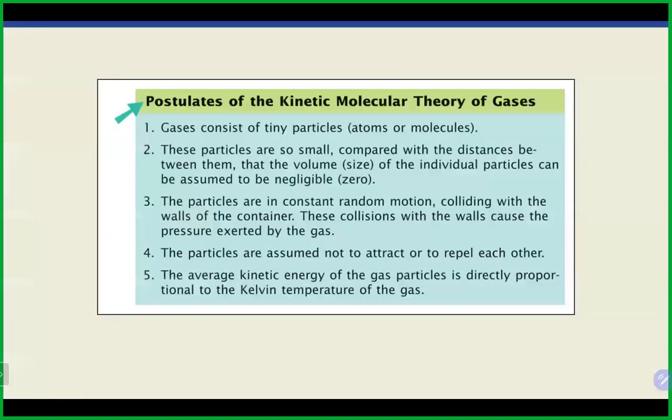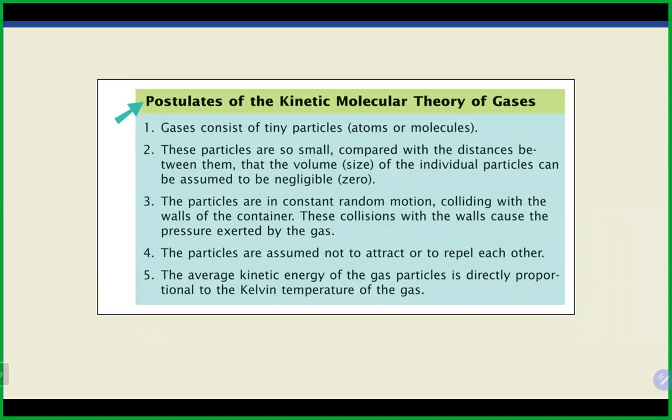All right, so let's talk a little bit about the kinetic molecular theory of gases. Some of these things we touched upon as we went through our different gas laws in this chapter. Gases consist of tiny atoms or molecules. The particles are really small compared to the distances between them in the container in which they're flying around.